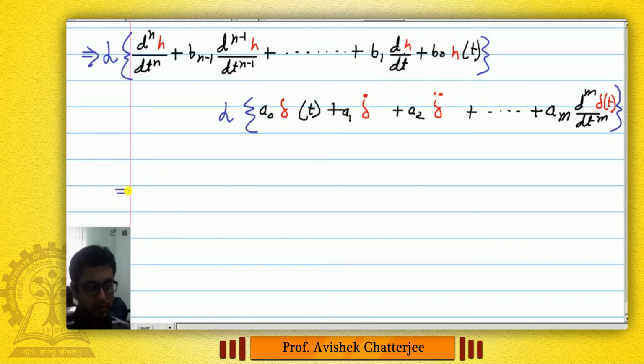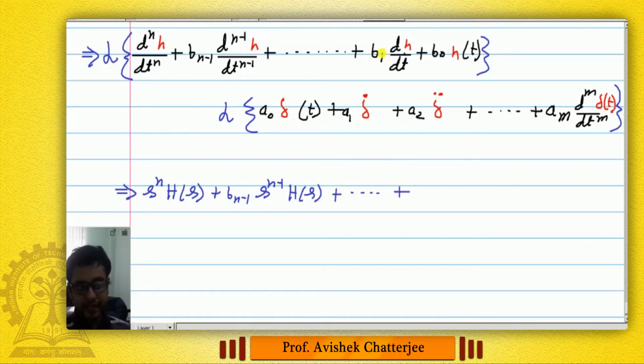Now Laplace transform of this first term, nth derivative of h, will be equal to s to the power n capital H(s). Then this next term will be b_{n-1} s to the power n-1 H(s) plus dot dot dot.